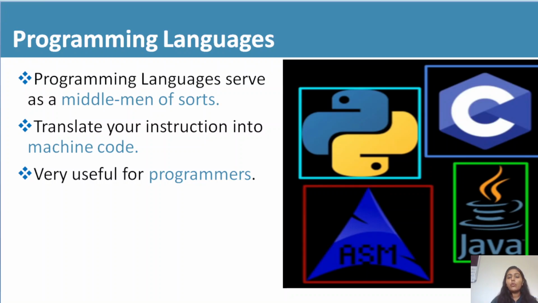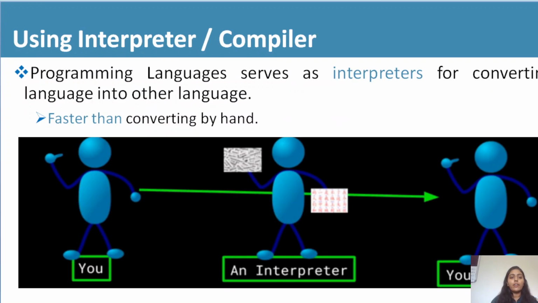There are some logos of programming languages like Python, C, ASM and Java. Using an interpreter or compiler. So what is the use of an interpreter or compiler in programming languages? They convert one language into another faster than converting by hand.